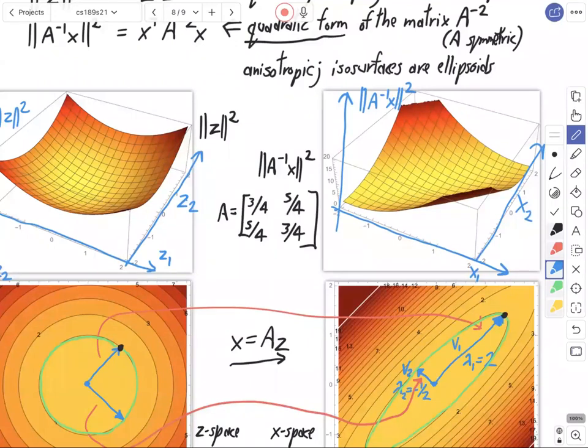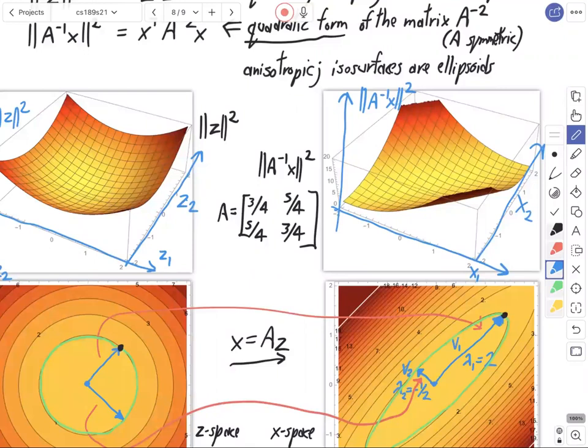Other questions? Yeah, let's see. I'm trying to see which of these is worth answering right now. I see someone asked what is an affine transformation, and here it just means a linear transformation.